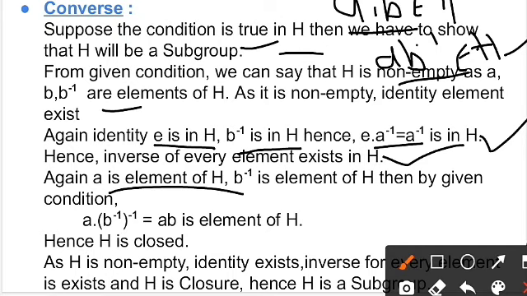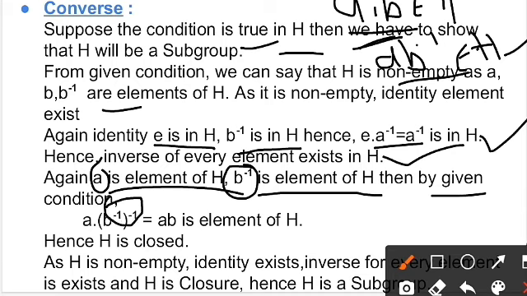Again, a is an element of H, b inverse is an element of H. Then by the given condition, what is the given condition? If we are given two elements of H, then ab inverse will be an element of H. And here we are saying that a is an element of H, b inverse is an element of H. So we can say that a into b inverse inverse, which is a into b, is also an element of H. So ab is an element of H, and hence H is closed.